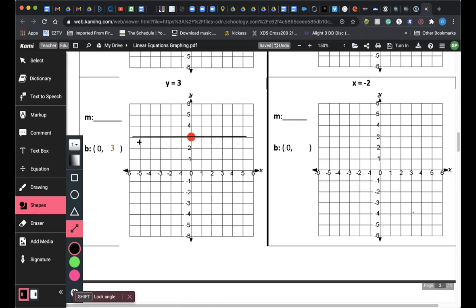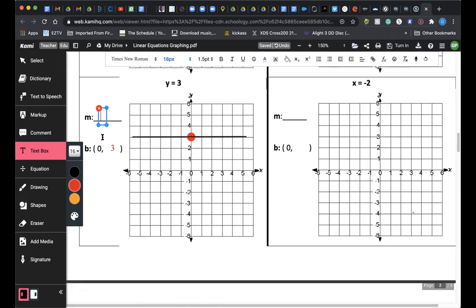A horizontal line that is flat like this does not have a slope, okay? This is what we call an undefined slope. No, this is what we call a zero slope. I'm sorry, yeah, this slope is 0, not undefined. Apologize.